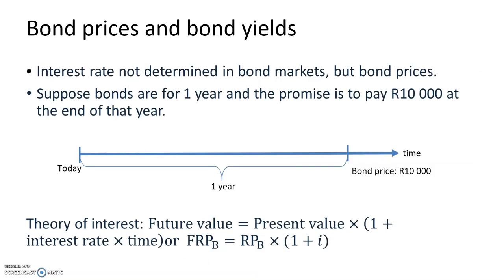Bond prices and bond yields. Interest rates are not determined in bond markets, but bond prices are. Suppose bonds are for 1 year and the promise is to pay 10,000 rand at the end of the year. The theory of interest says the future value is equal to the present value times 1 plus the interest rate times time, or FV = PB times (1 + I), where the subscript B stands for bond.